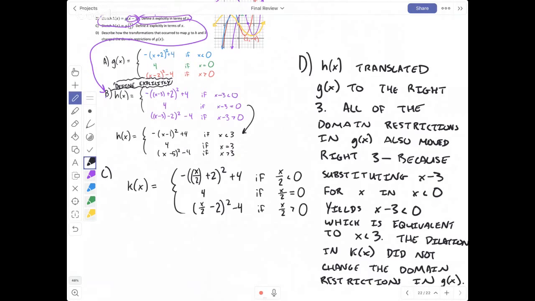Right? We can see that pretty clearly. Here, these zeros moved right 3 and became 3s, but here these zeros stayed zeros. This was right 3, no change.